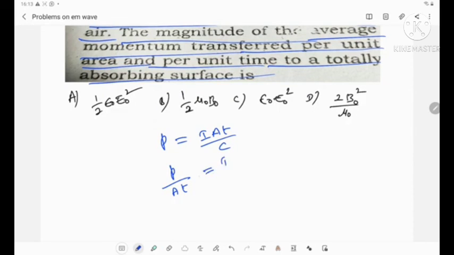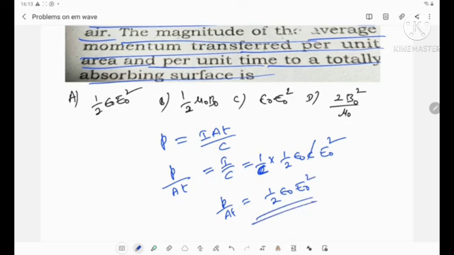This becomes I by C. This becomes 1 by C into I. I means 1 by 2 epsilon naught, vacuum means n is equal to 1, C E naught square. Therefore here C gets cancelled. Therefore P by AT is equal to 1 by 2 epsilon naught E naught square. Therefore option A is correct.